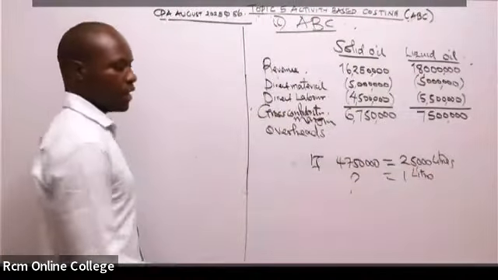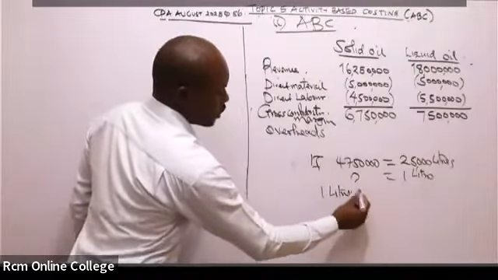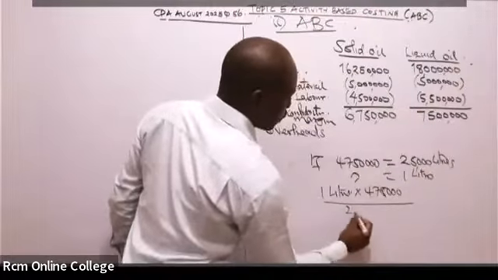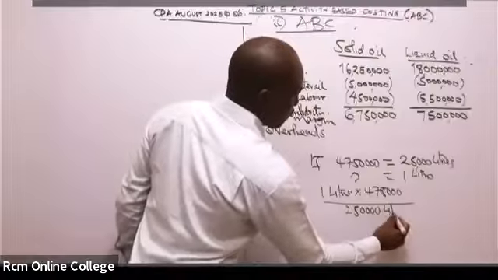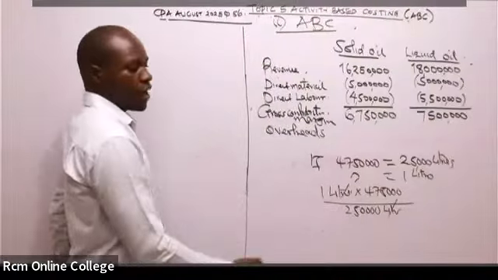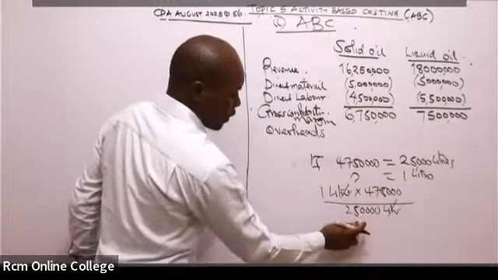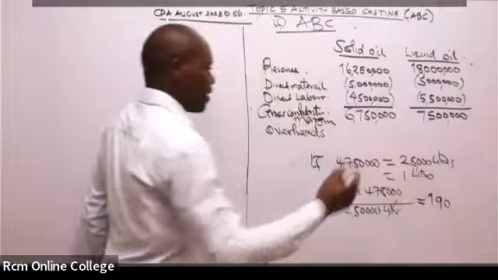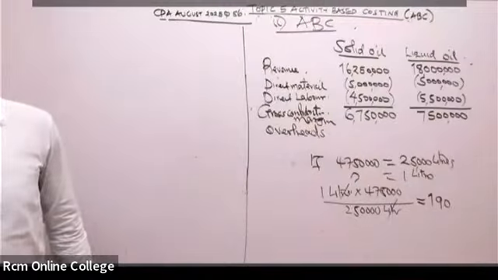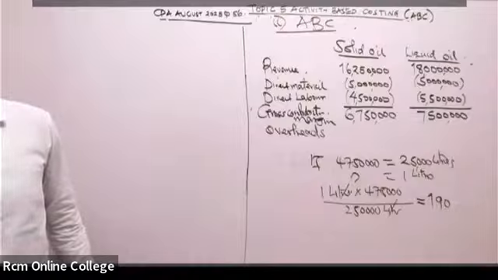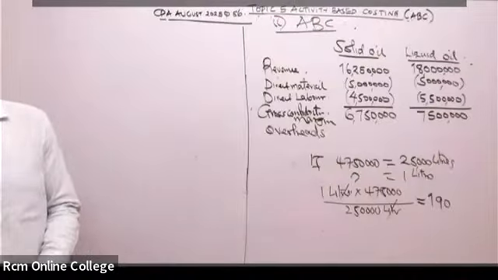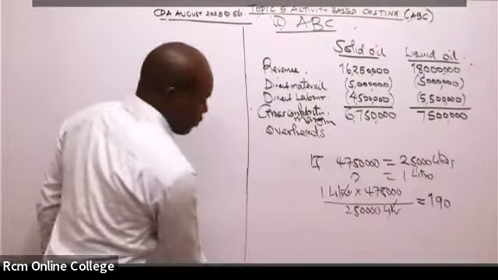We take 1 liter times 4,750,000 shillings, and divide by 25,000 liters. Liter cancels liter. So take 4,750,000 divided by 25,000 and tell me whether it is equal to 190 or something else.